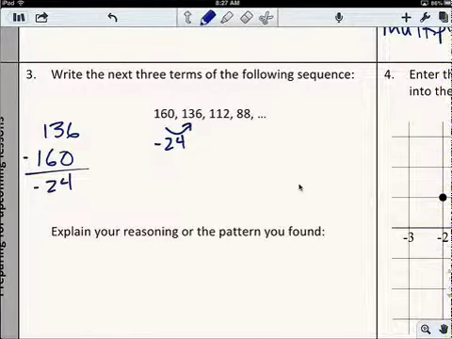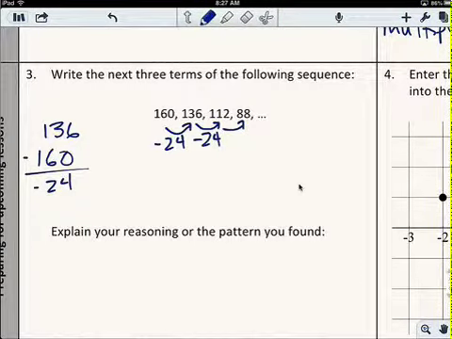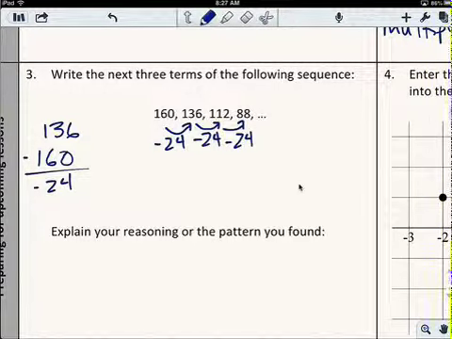I'm just going to double check. 160 minus 24 is 136. Okay, so let's try again and see if that pattern continues. So 136 minus 24 is 112, so it's continuing. That's good news. I'm going to take 112 minus 24 again. And that is 88.